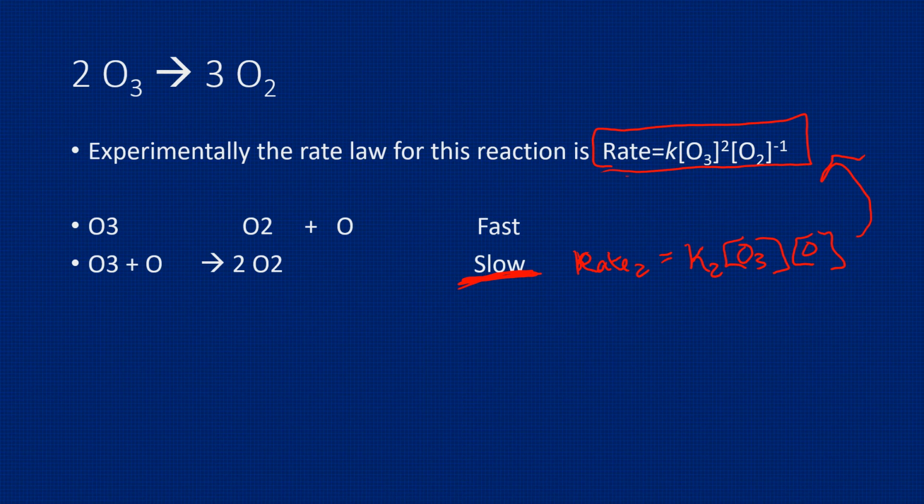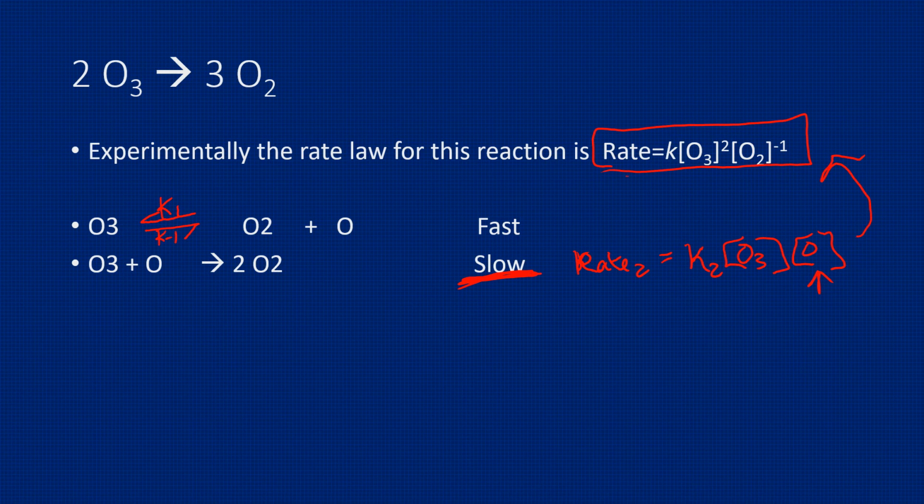When you see an equation that looks like this, it means that it has reached equilibrium and the reaction is going both ways at the same pace. So we need to determine the concentration of O so that we can fill it in here. K1 and K to the negative 1 are equal. Again, they're going back and forth at the same rate, so those are going to be the same. It just depends on which way you're looking at it.